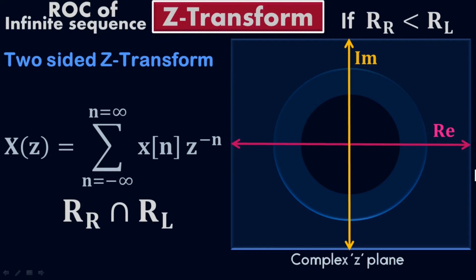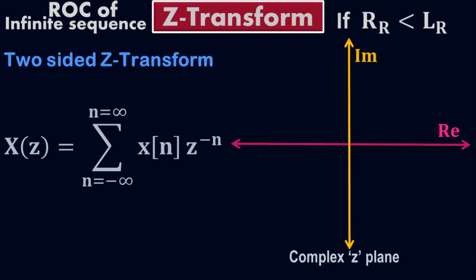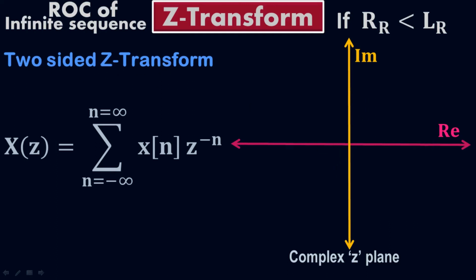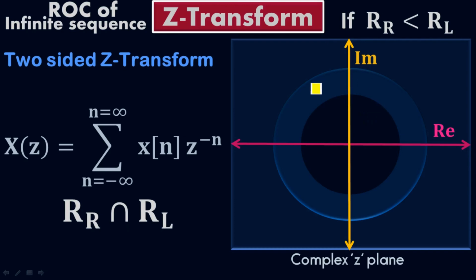Now let me show you properly. This is going to be the region of convergence, which is the intersection of R sub R and R sub L. This ring shape will be the region of convergence for the two-sided Z-transform. If you look back, this gray ring shape starts from here up to here.